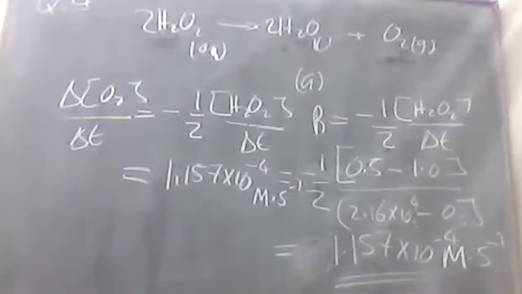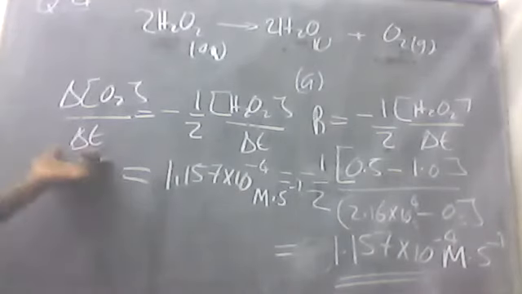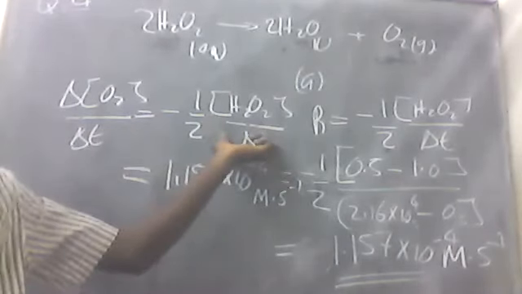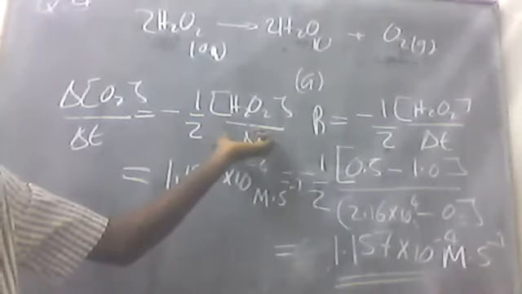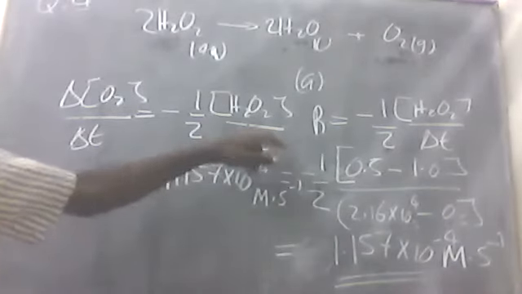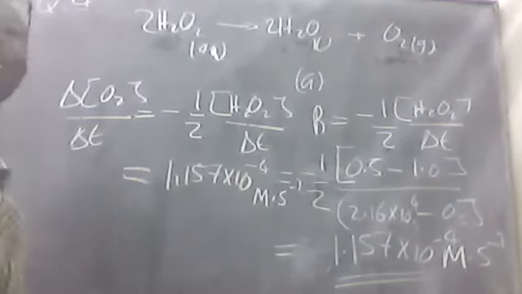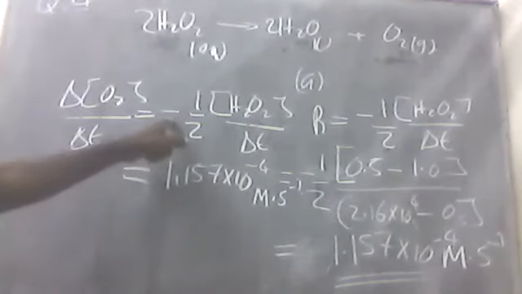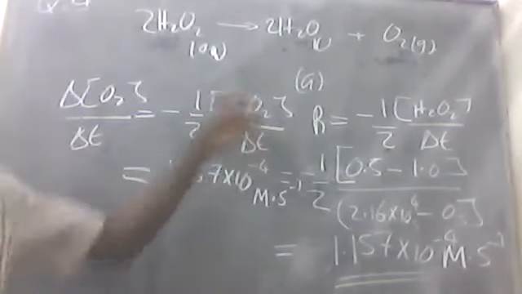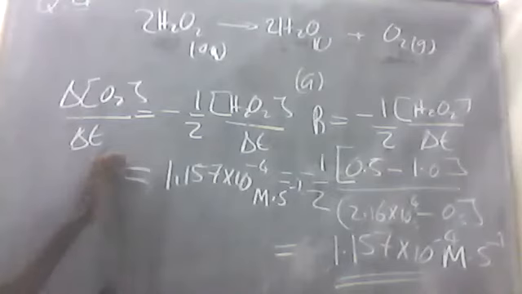We know the relation, so we can say that the rate of formation, the production of oxygen, is equal to the rate of decomposition of hydrogen peroxide.